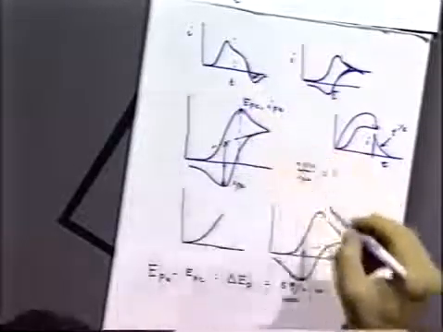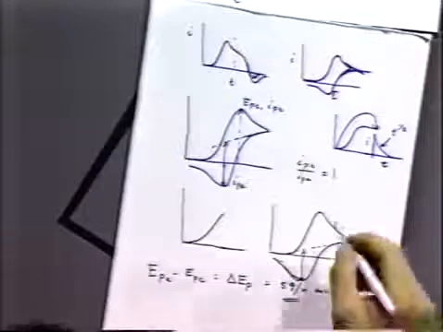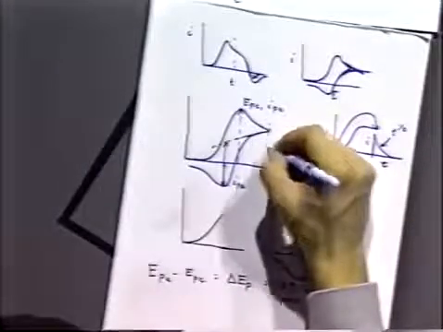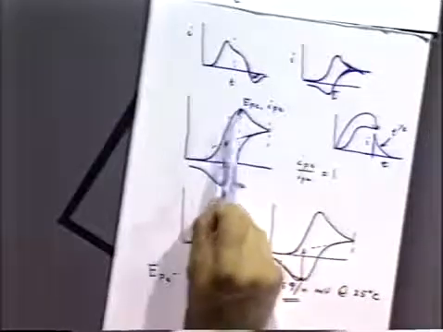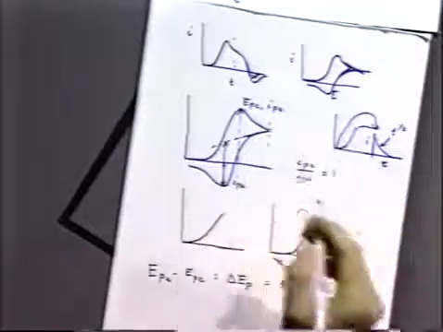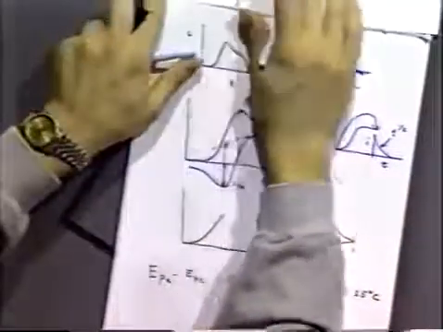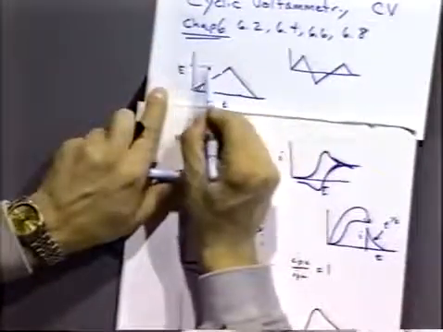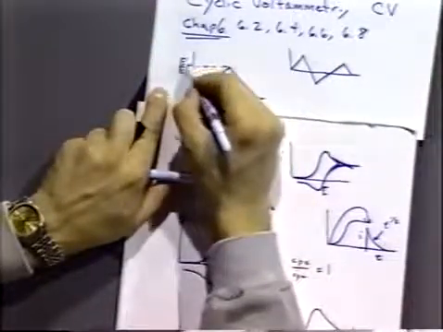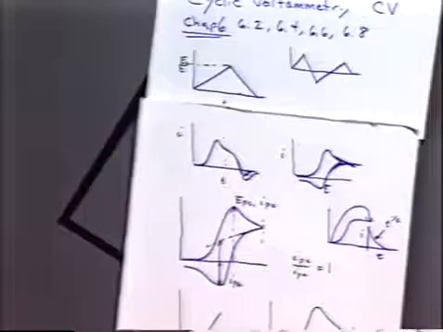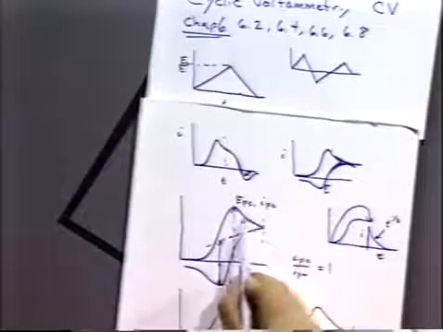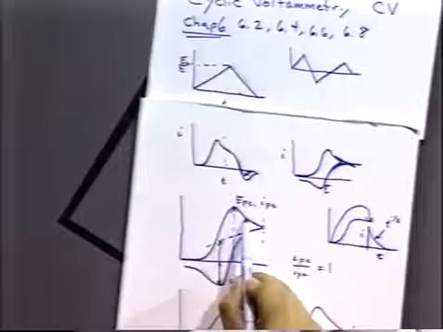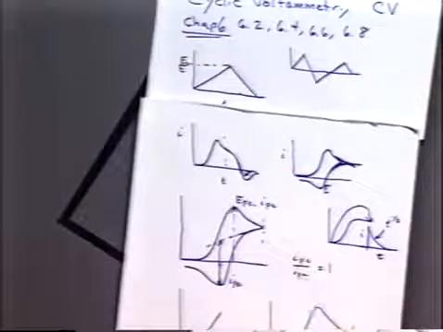There is a slight dependence on this value as to when we do the reverse sweep. Notice here we've gone to farther potentials, and that particular point on our curve is what they call E lambda. And it turns out you have to sweep out a little bit past the peak to get this 59 millivolts.